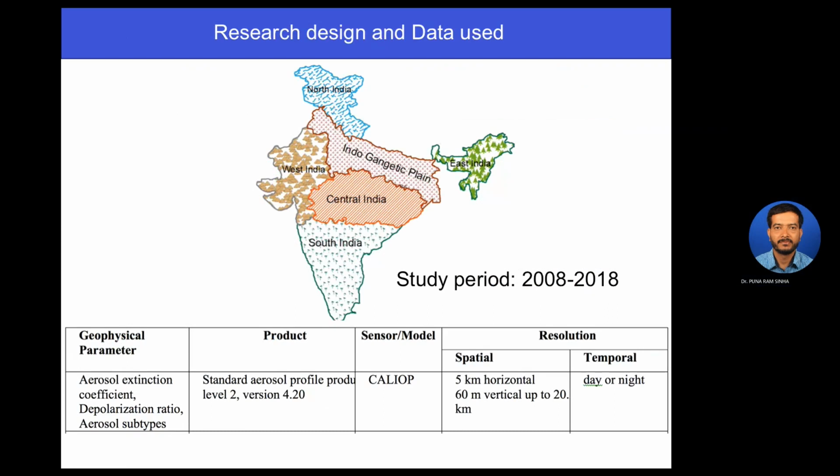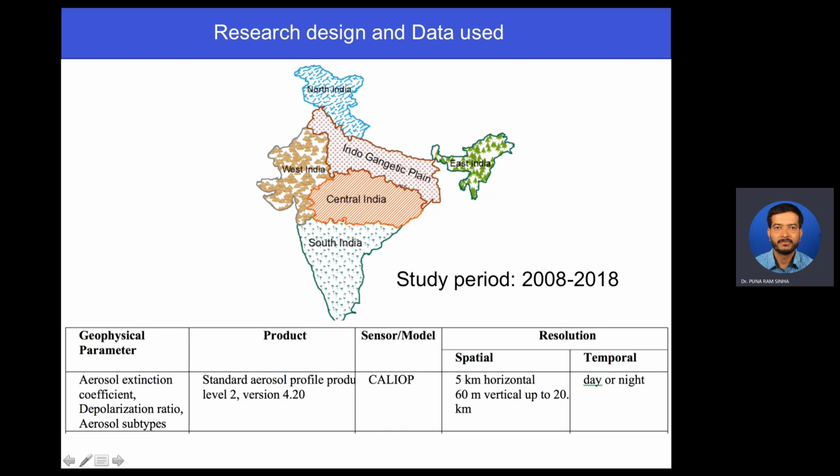So we designed a study to look at whether the elevated aerosol layers are present throughout the season and throughout the Indian subcontinent. For this reason, we divided the entire Indian subcontinent into 6 subzones, which are shown over here: North India, South India, West, Central, Indo-Gangetic Plain, East India.